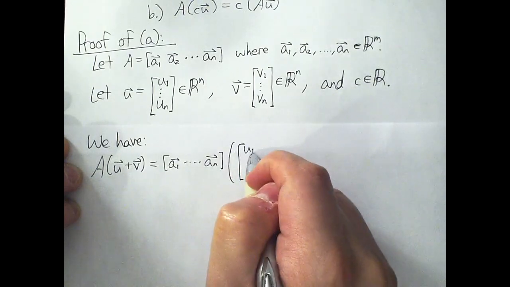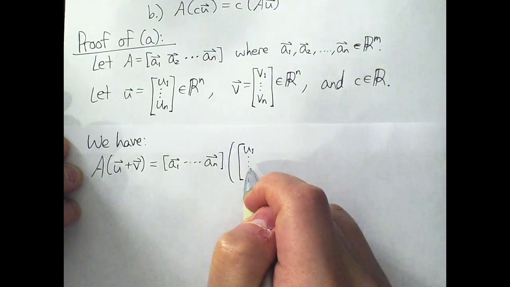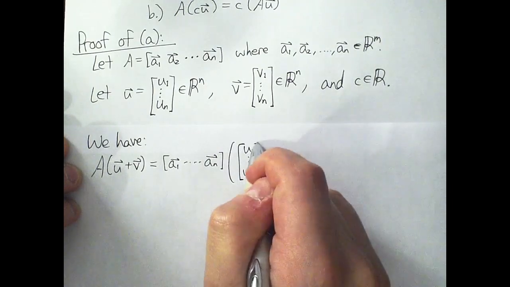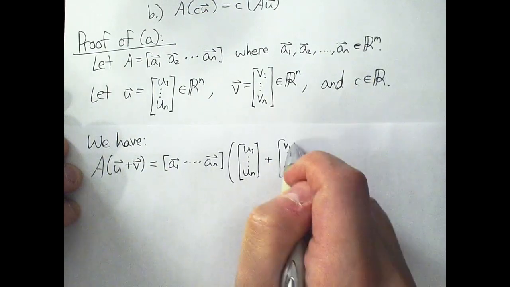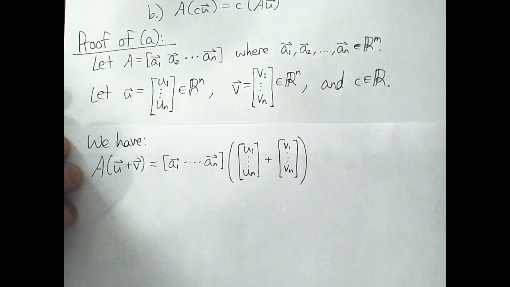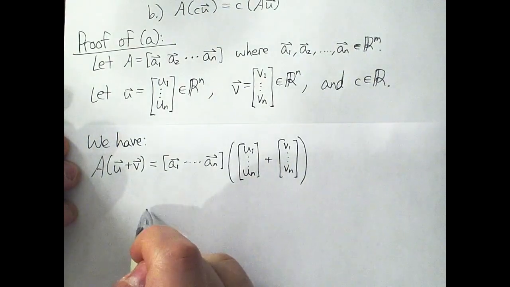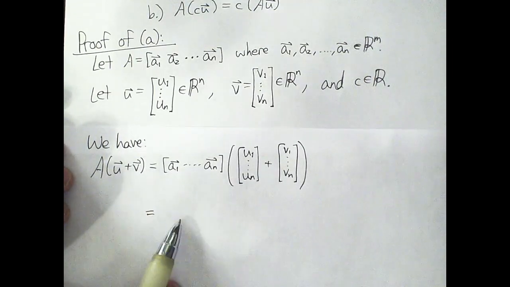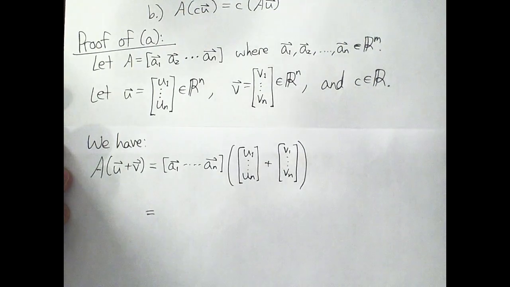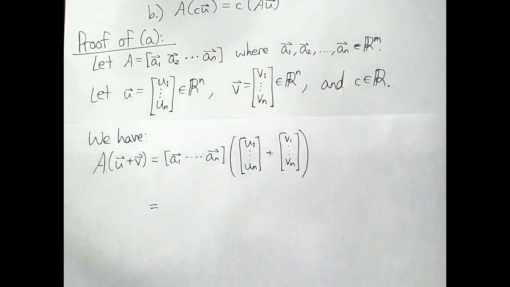Let's write out all these entries. U1 up to UN plus V1 up to Vn. Okay, looks good so far, right? We'll have a chain of equal signs. This equals this, equals that, equals that, equals that. And eventually we'll show that it equals the right-hand side that we're trying to prove.